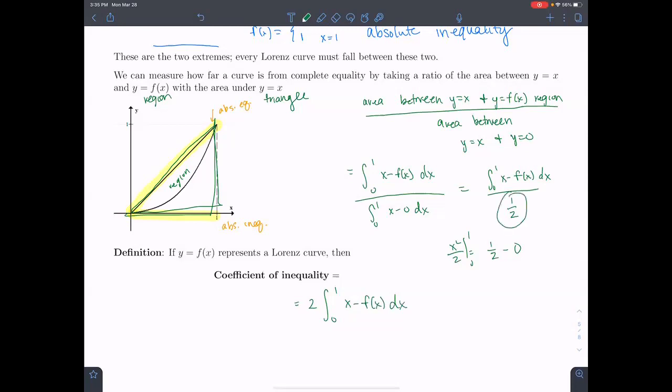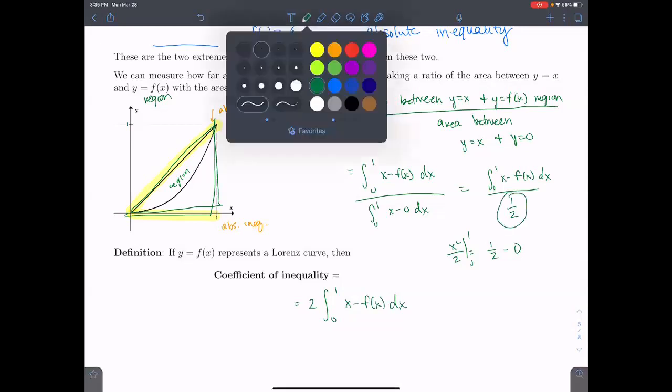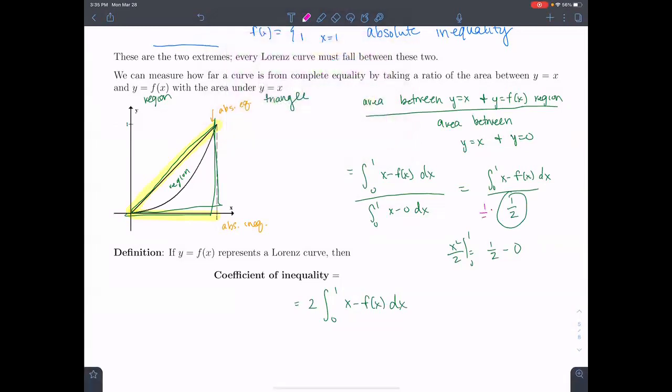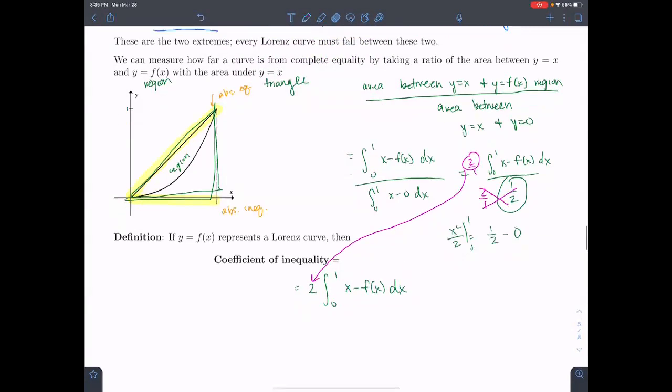Again, that 2 is coming from this 1/2, just like multiplying the top and bottom by 2 over 1, because those will cancel on the bottom, and then push that 2 to the top. So that's where this 2 comes from. So the coefficient of inequality is how far from absolute equality the Lorenz curve is.